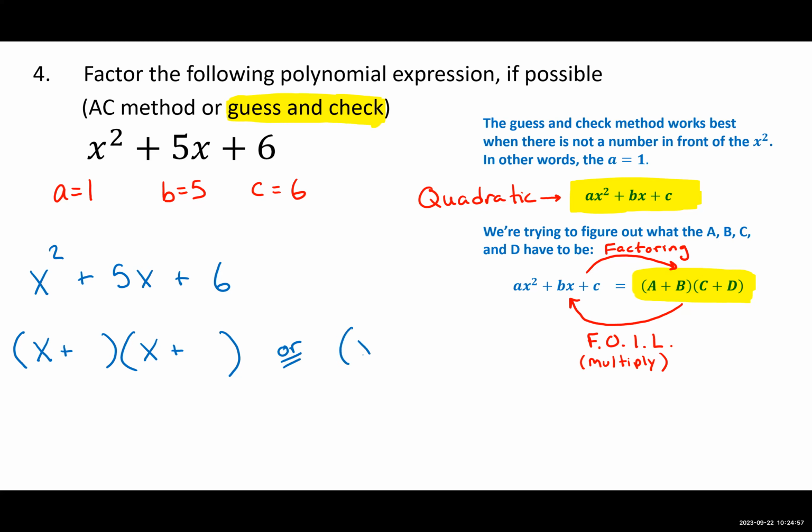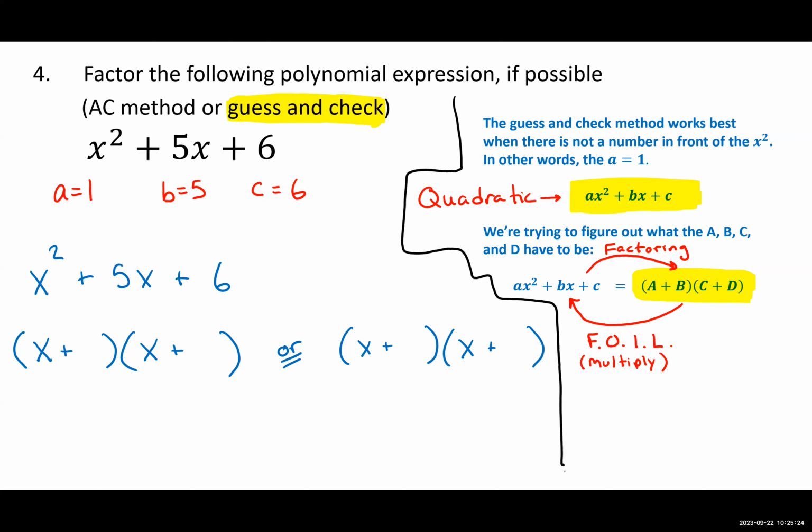I'm going to write this twice. The reason I'm writing it twice is because there are two ways to get the number 6, right? What is 6 equal to if you factor it?